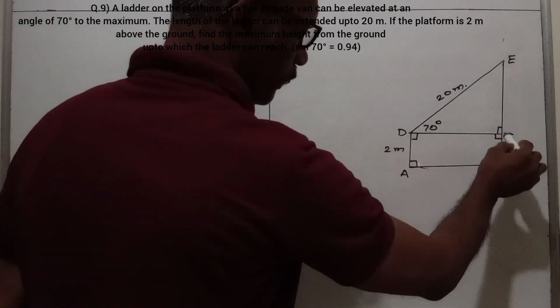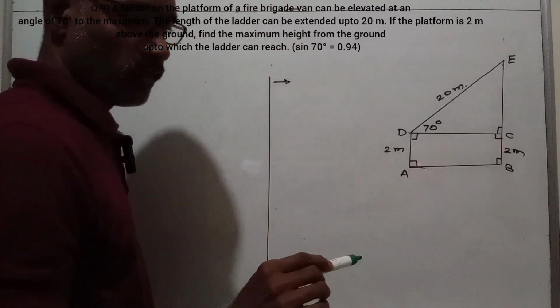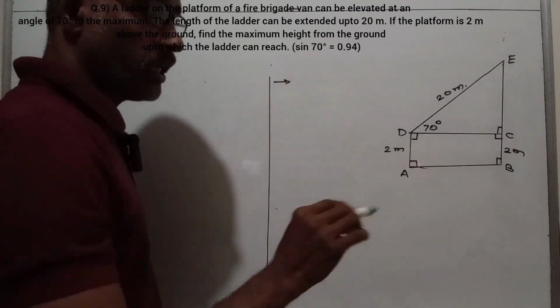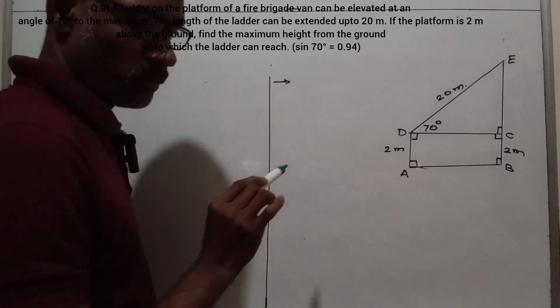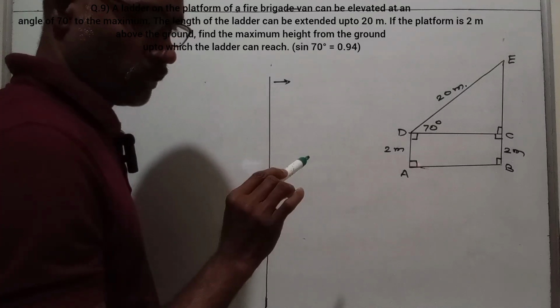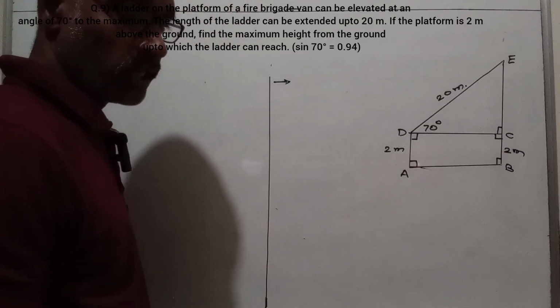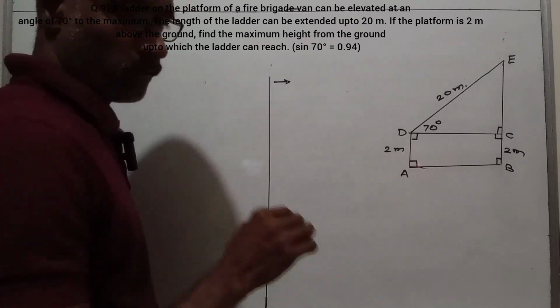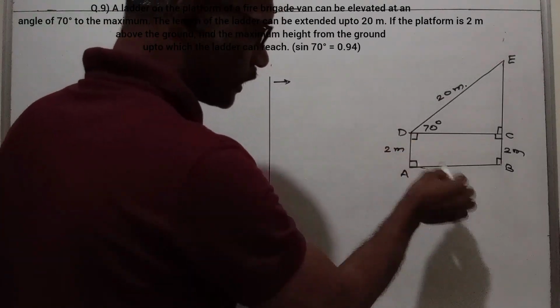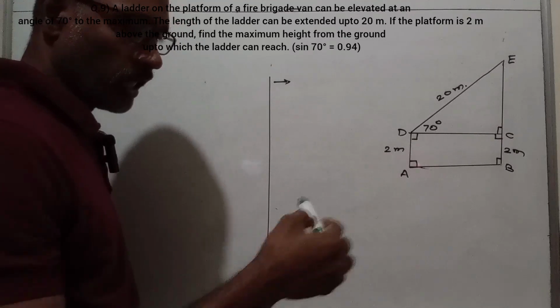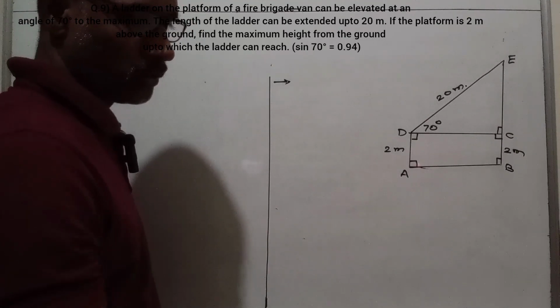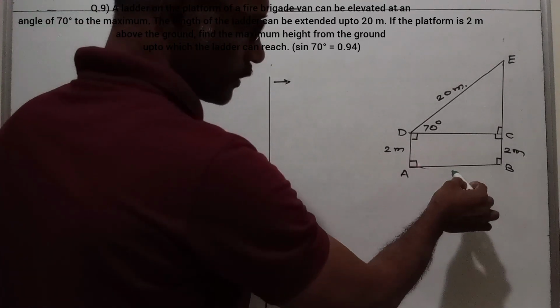Therefore quadrilateral ABCD is a right angled quadrilateral. When adjacent sides are congruent, then that is a square. If adjacent sides are not congruent, then that is a rectangle.